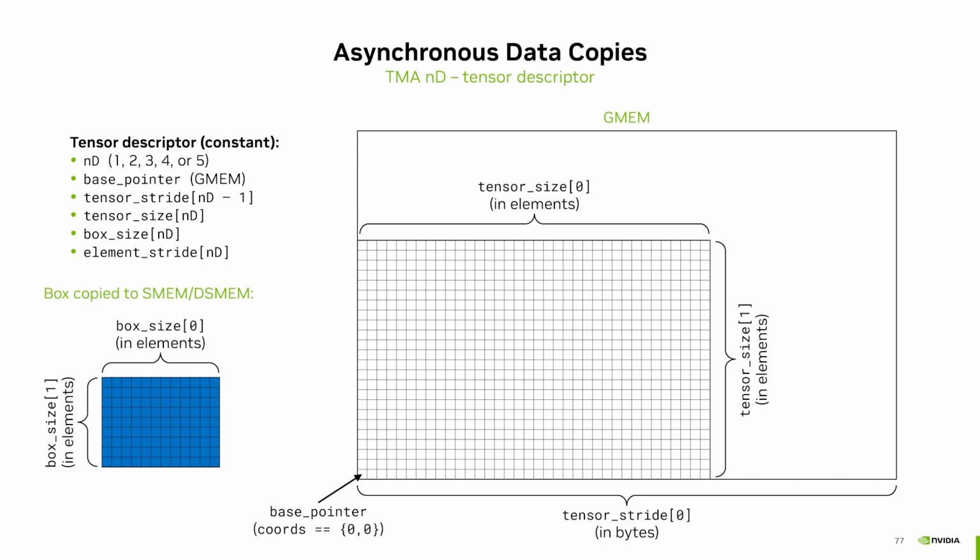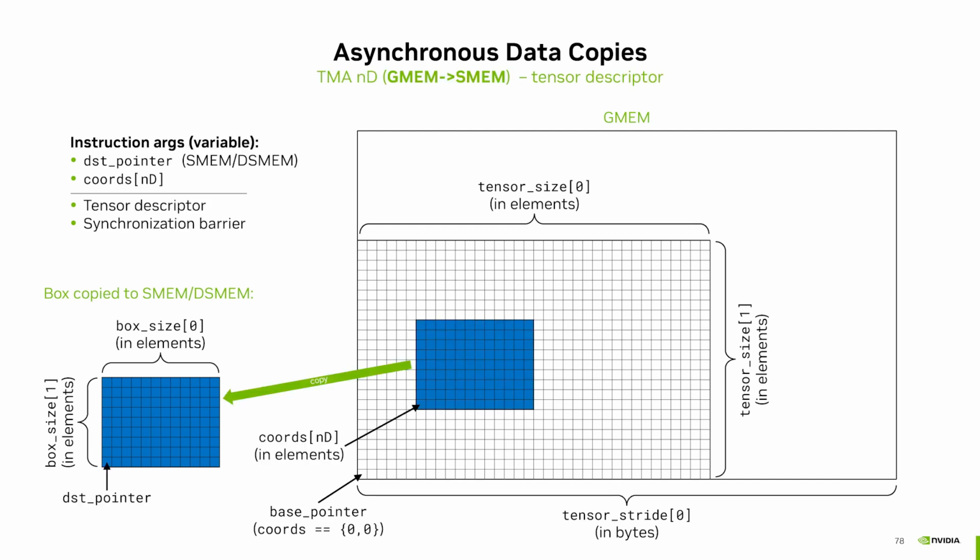So the tensor descriptor cannot be changed inside kernels. For example, if you want to copy exactly the same geometry but from two different volumes in memory, you have to pass two tensor descriptors to your kernel that will have different base pointers. What can vary during kernel execution is the destination pointer, which is where the data lands in shared memory.